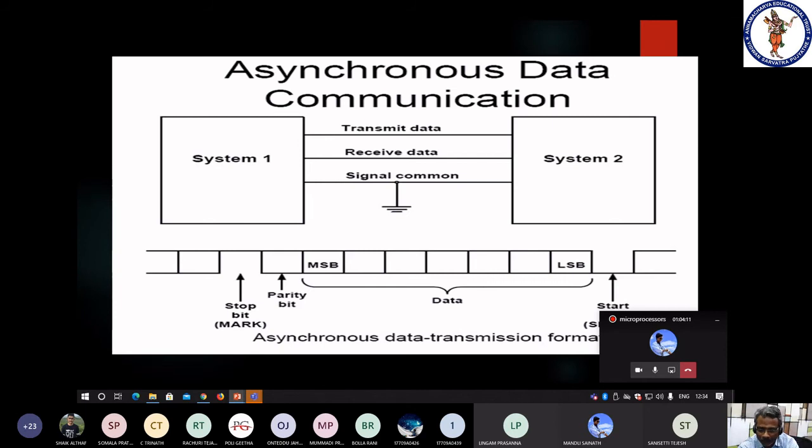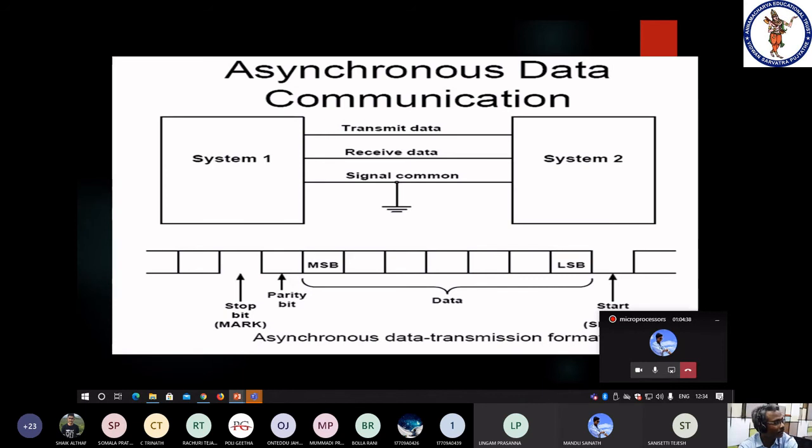The bit rate we defined is the number of bits per second. That means 1000 bits are transferred or received per second. 1000 bits are coming in one second. So my question is, how much time does it take for 1 bit, maybe a transmission, maybe a reception? 1 bit. Yes? 1 millisecond.